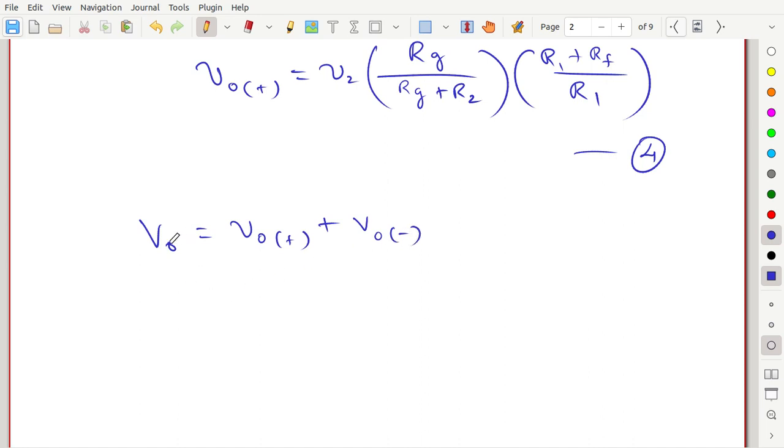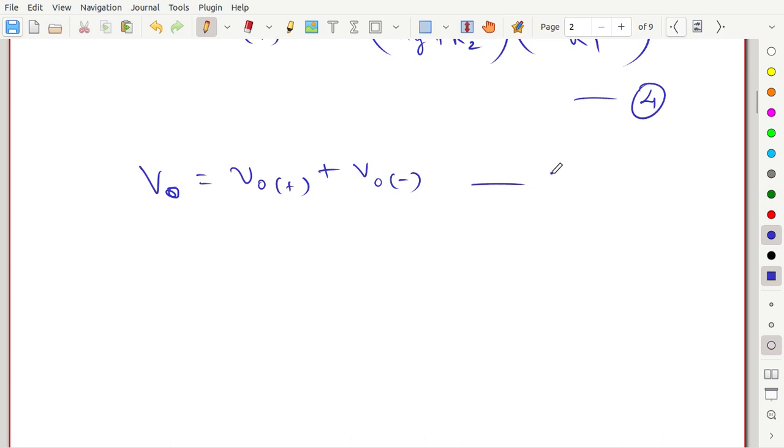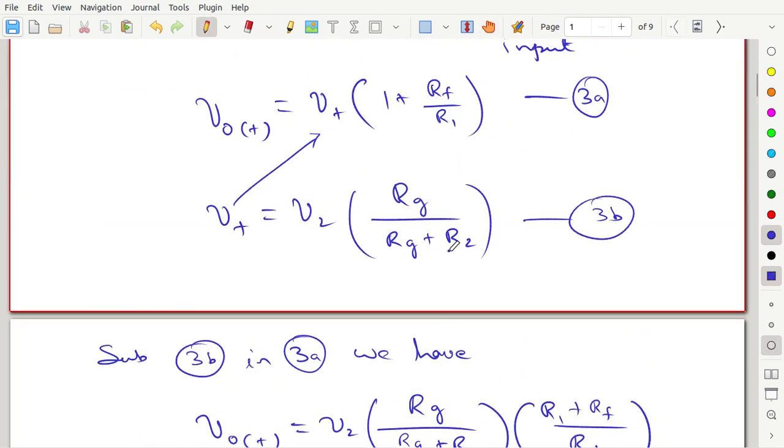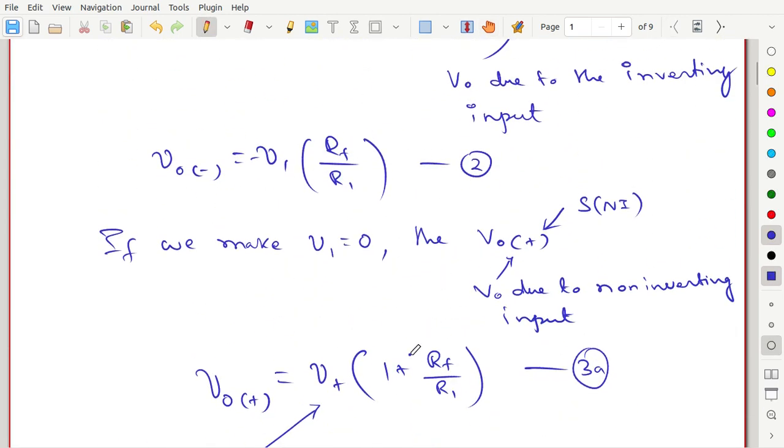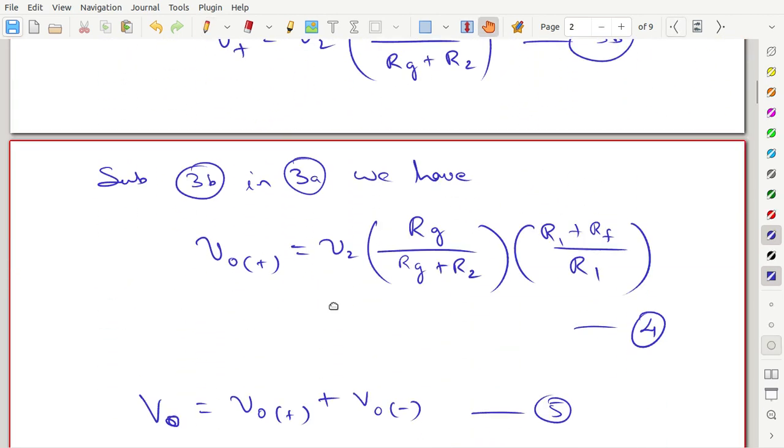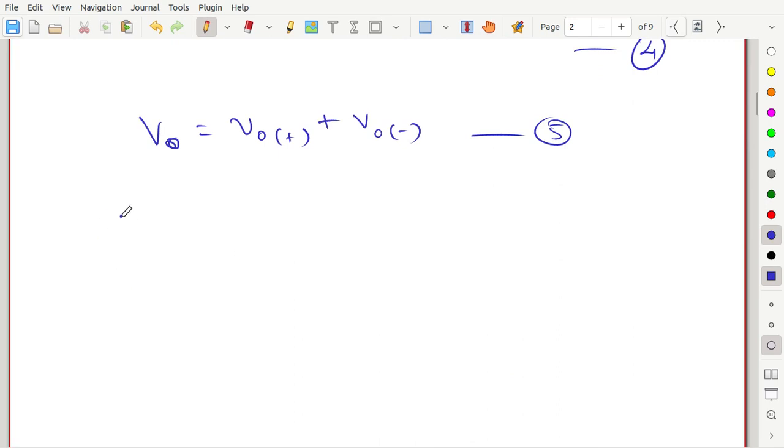This V out is the differential output voltage. So we have to substitute equations 4 and 2 in 5.